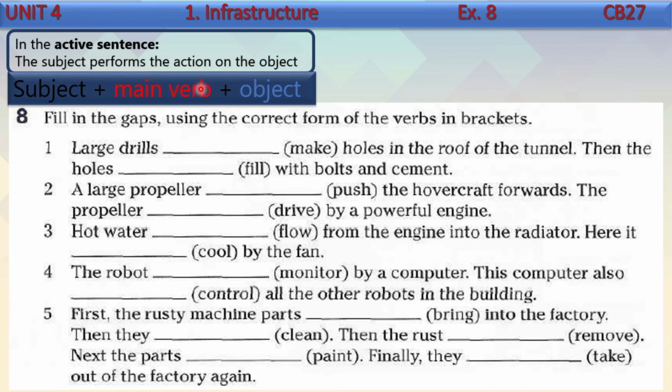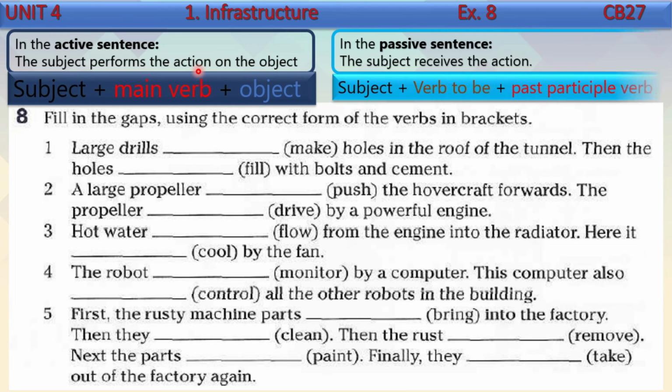In the active sentence, the subject performs the action on the object. So, if the sentence has an object, then the sentence is active. On the other hand, in the passive sentence, the subject receives the action.